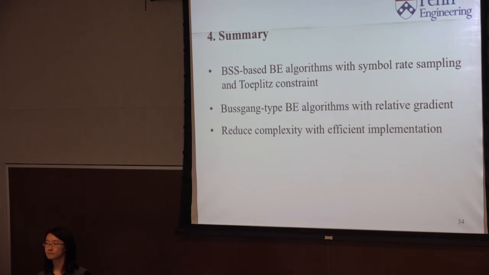A quick question. In what application settings would these kinds of BE algorithms be advantageous? For example, there are some people at the transmission side, and there are other people at the receiver side, and both of you want to have clearer information about what the channel looks like, but you don't have exact information about it.